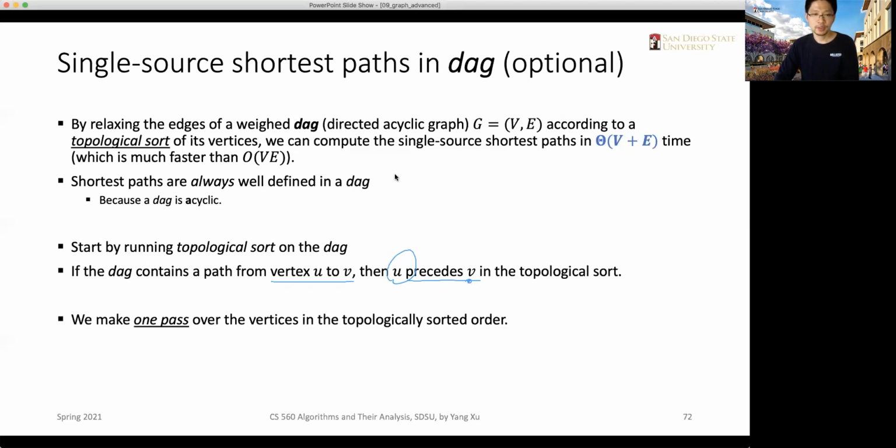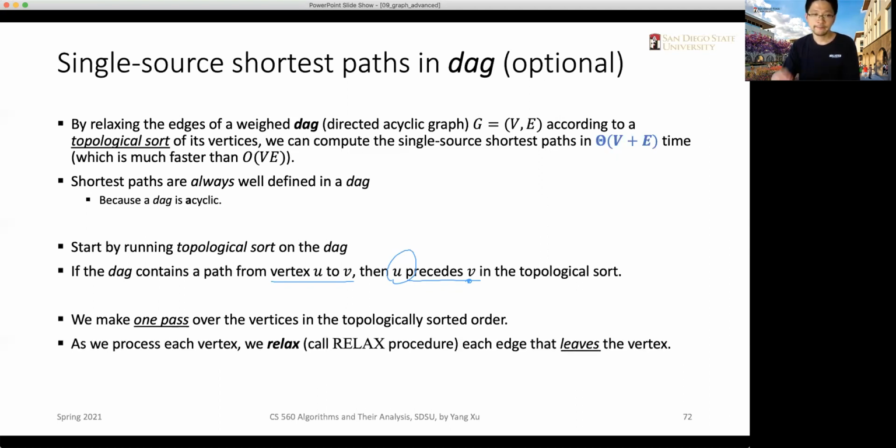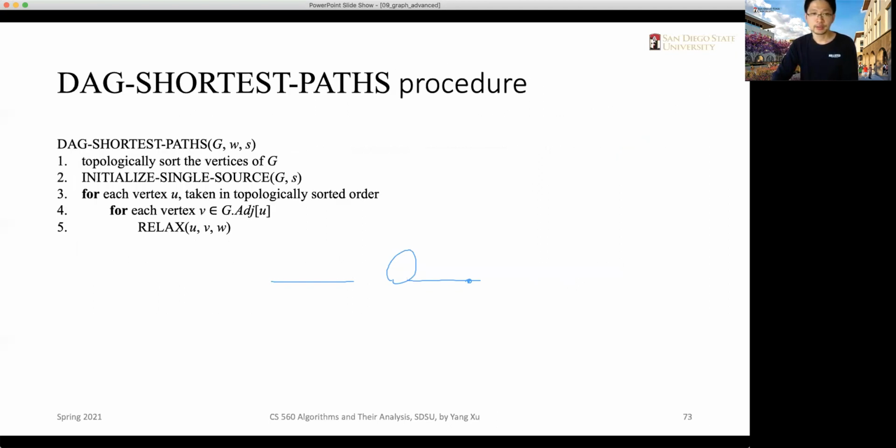Upon these results, we can simply make just one pass over all the vertices in the topologically sorted order. As we process each vertex, we call the relax procedure on each edge that leaves the current vertex just once. Okay, and we are done.